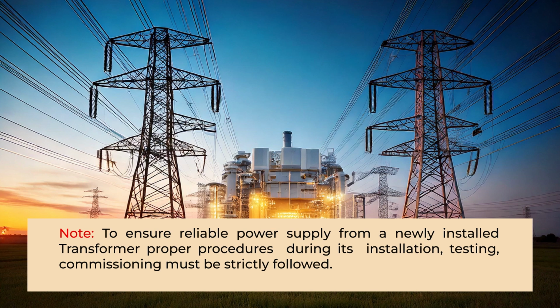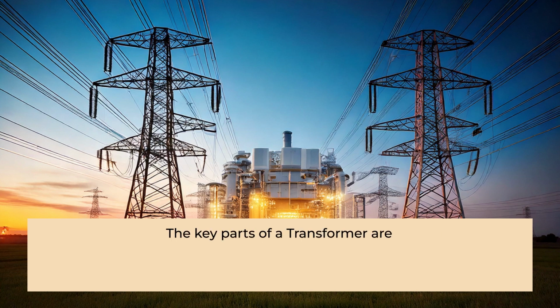The key components of a transformer are: first, the diagram plate, where the nameplate details along with the diagram of the windings of the transformer are given. Second come the high tension and the low tension bushings.